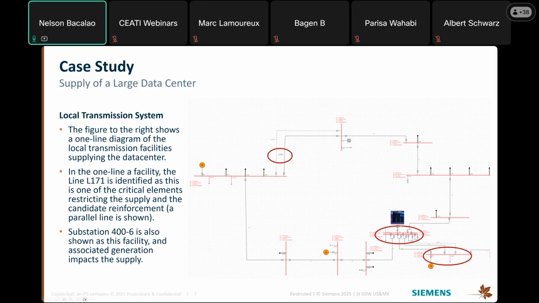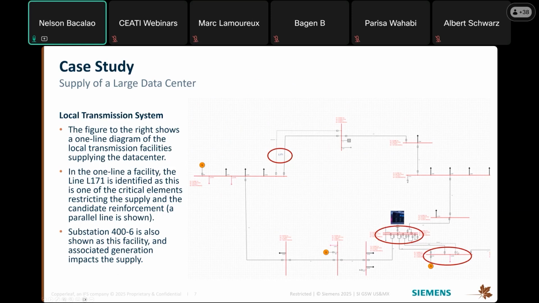This is the technology park. There is one line that is called line 171 that was found to be, or will be seen to be, behind most of the load shedding needs at the data center.